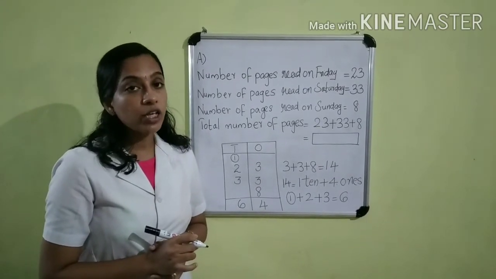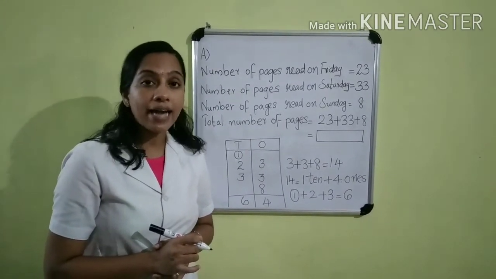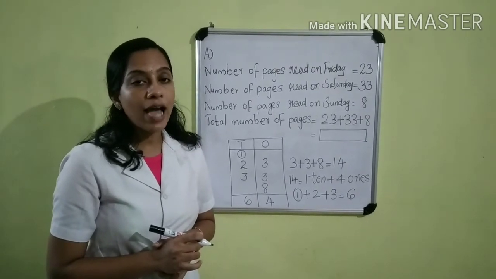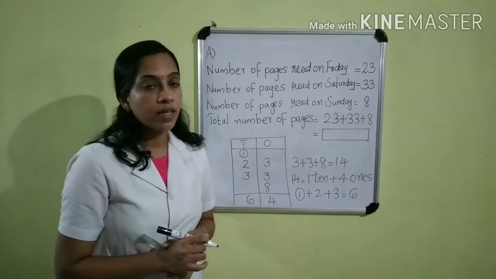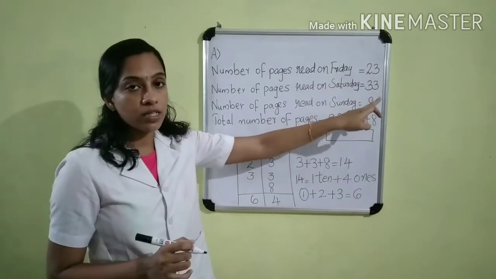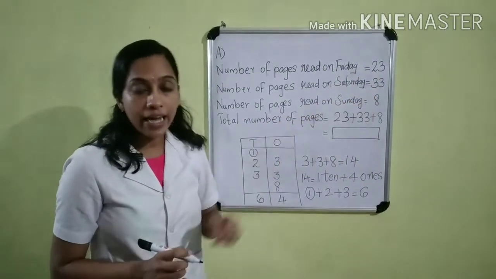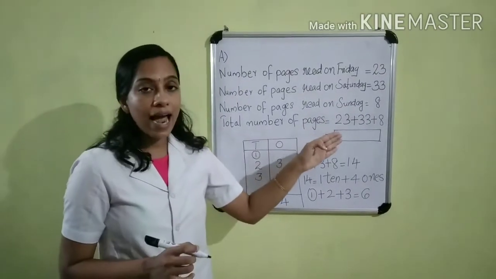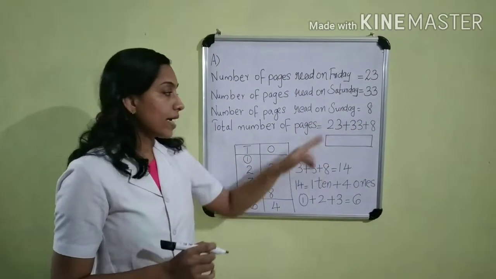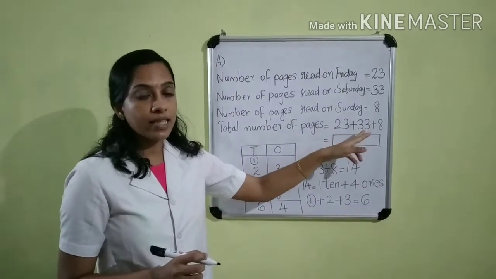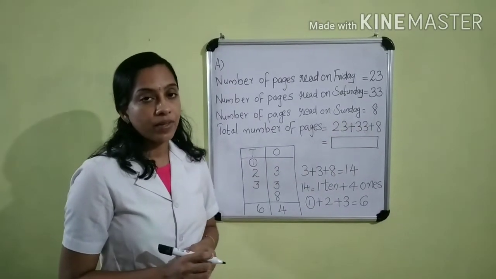You can find it by adding. We know how to add three numbers. Here we have three numbers. Which are the three numbers? 23, 33 and 8. So let us add these three numbers. That is 23 plus 33 plus 8.